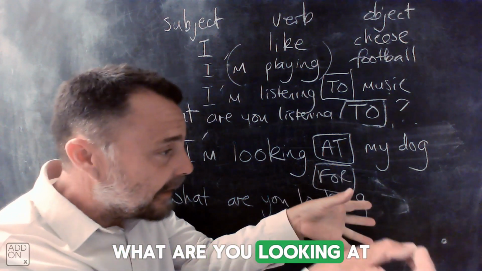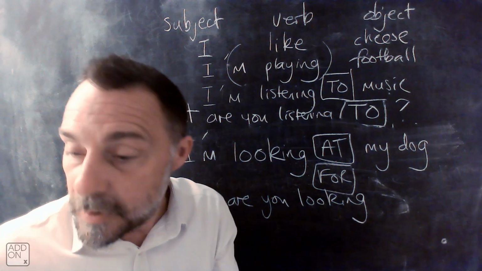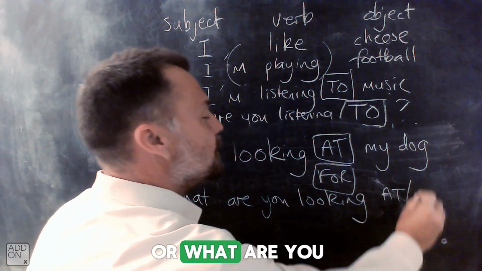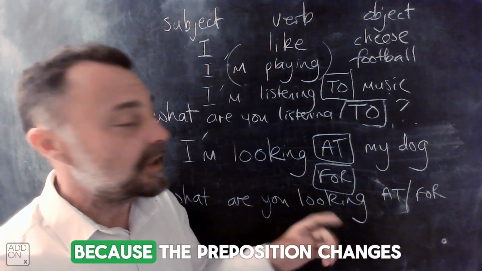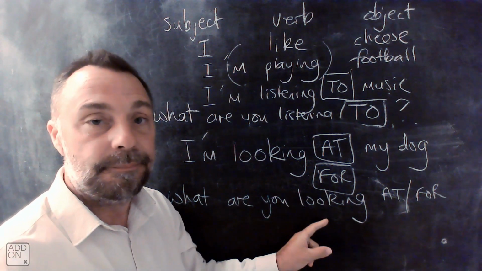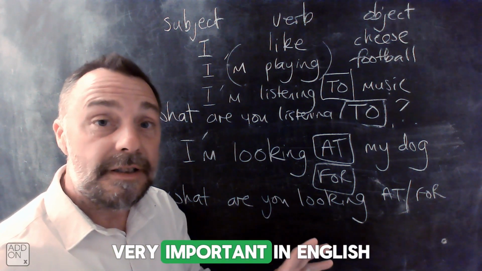Directly. Or what are you looking for? What have you lost? Very important in English because the preposition changes the meaning of the verb. That is why the prepositions are very, very important in English.